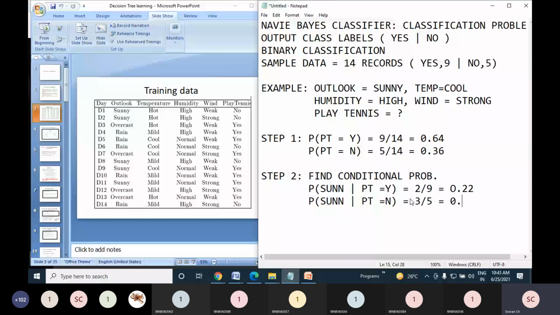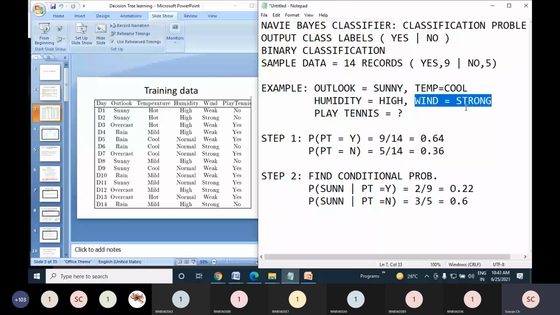In the problem, we want to find whether a person will go for playing tennis or not based on these 4 weather conditions, like humidity is high, wind is strong. So there are 4 parameters with 4 specific values, and I need to find 4 conditional probabilities, right?